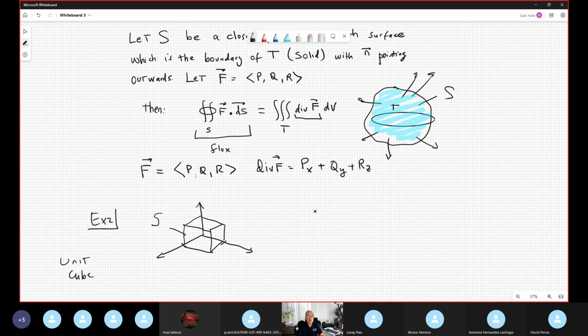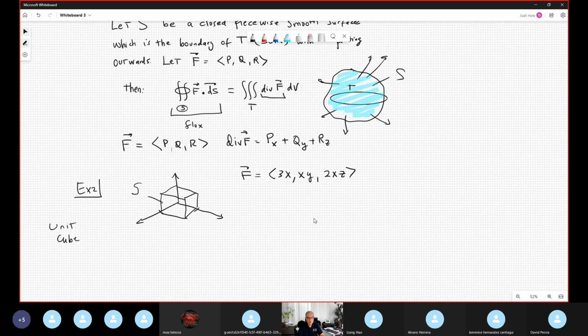And one vector field is given: 3x, comma, xy, comma, 2xz. So my problem is to compute the flux, the amount of this vector field crossing the surface.